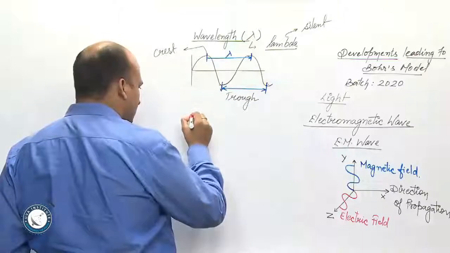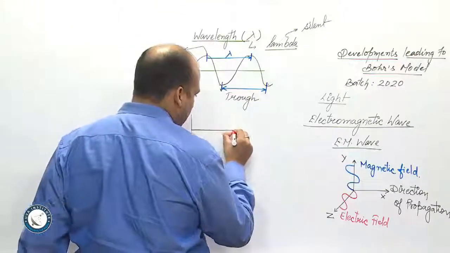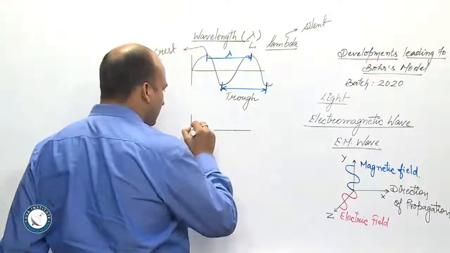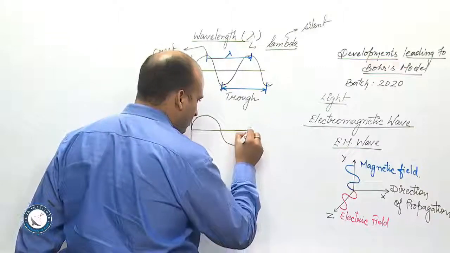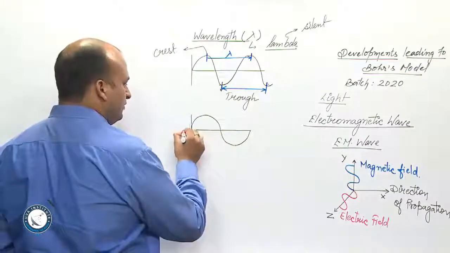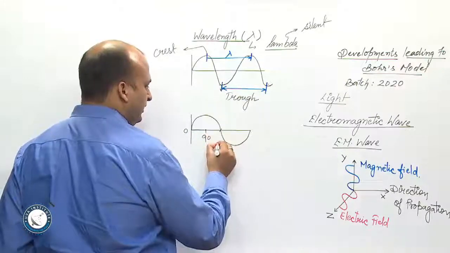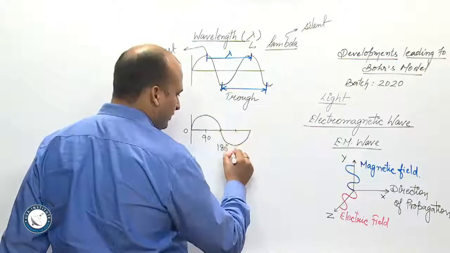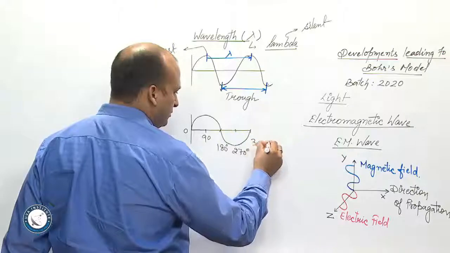Or, a wave actually has to cover, suppose this is 0 degree, this is 90 degrees, this is 180 degrees, this is 270 degrees, and this is 360 degrees.